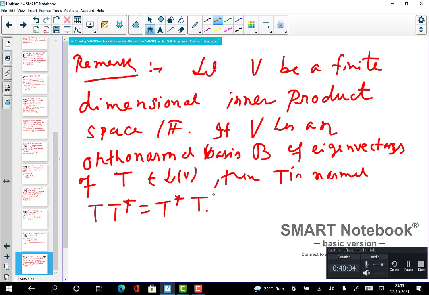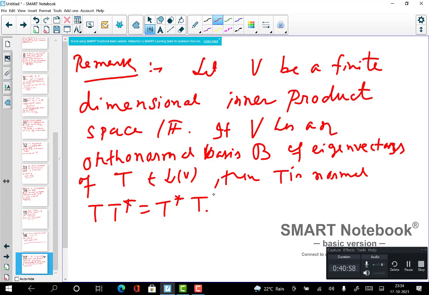Now one can ask, is the converse true? So if you have a normal operator, then does the inner product space V have an orthonormal basis of eigenvectors or not? The answer is that it is not true in general if it is a real vector space.